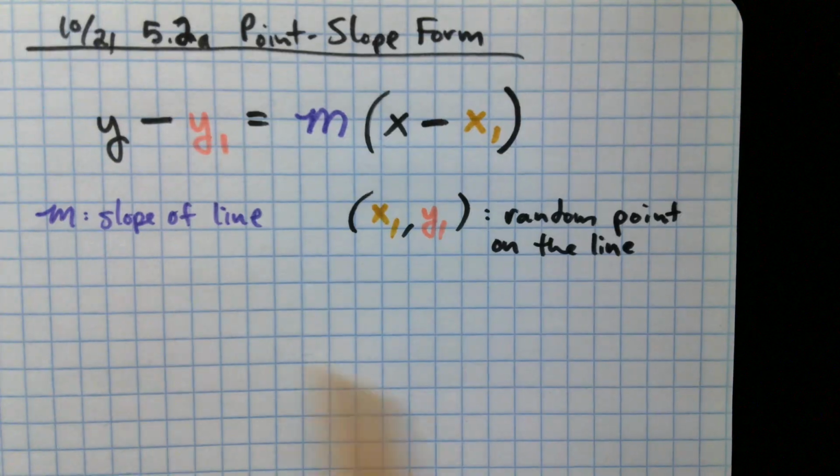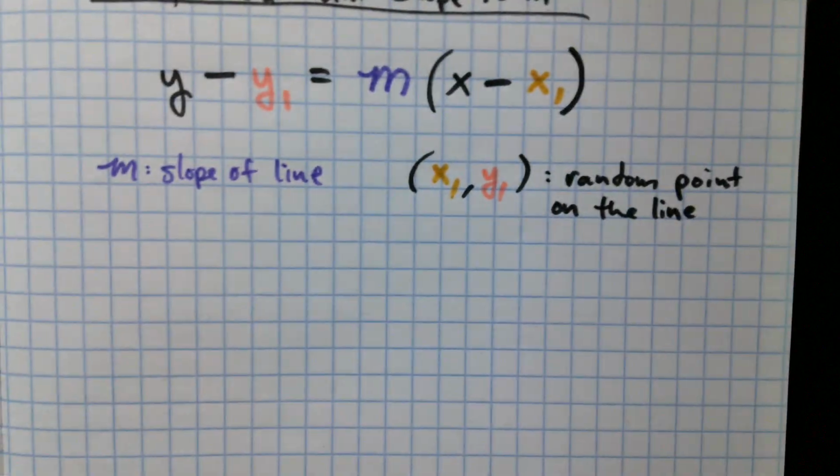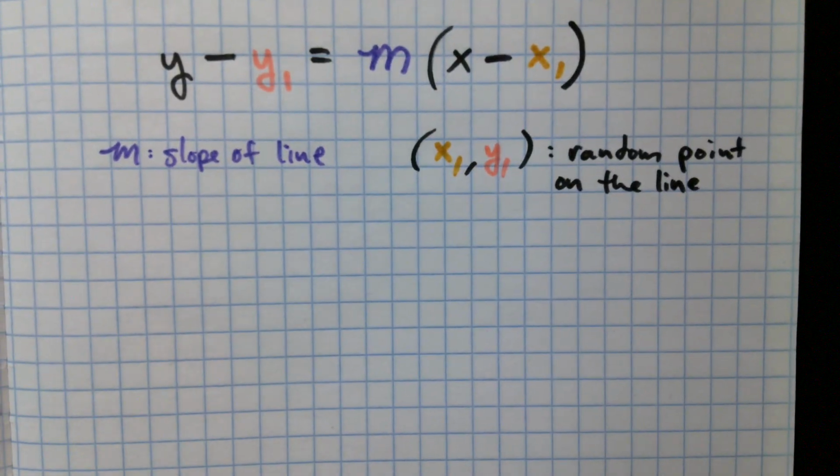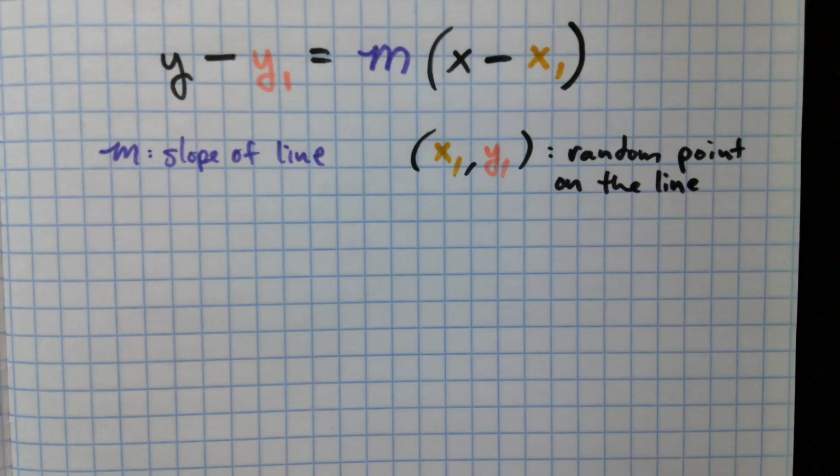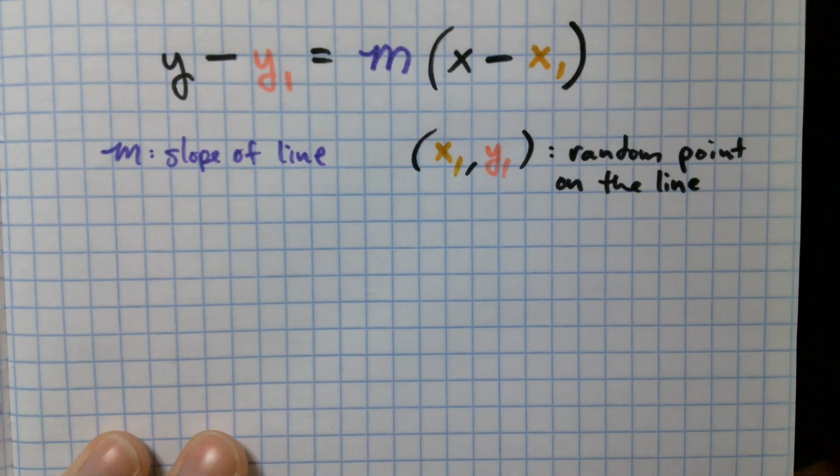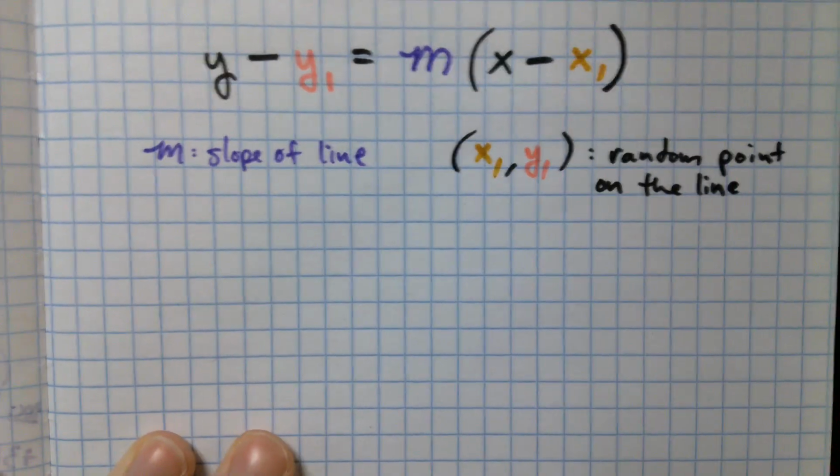All right. Now, I know I said random point. It's whatever point that they give you, okay? But if we're talking about a line, there's an infinite number of points. All those points will work out in the same way. We'll see what I'm talking about in just a second, okay?